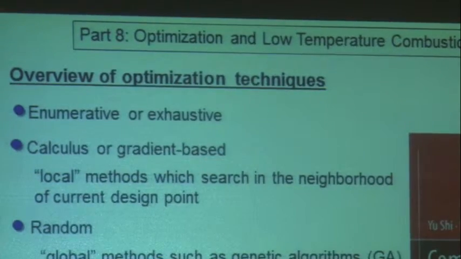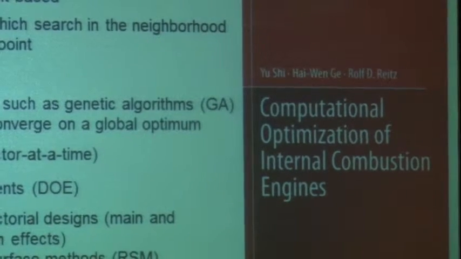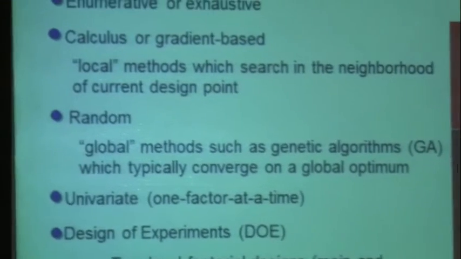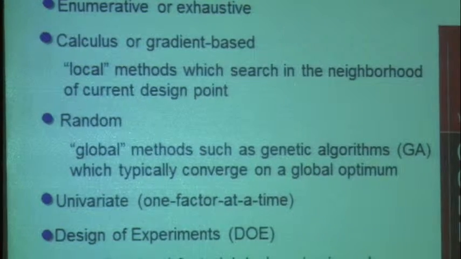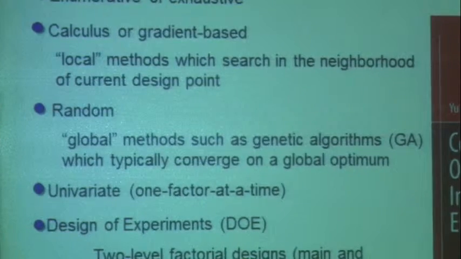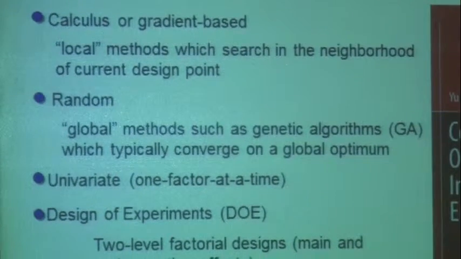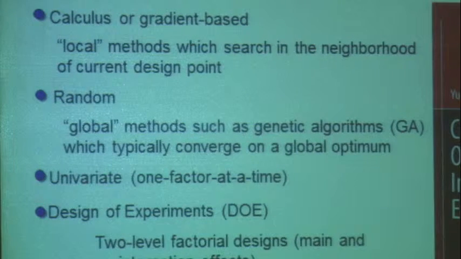We can use calculus or gradient-based search techniques. The problem is with a CFD code, you don't have access to the type of information you'd need that would allow you to use a gradient-based system, at least in our situation where we have so many equations and we have Lagrangian droplets and Eulerian fluid and so on.